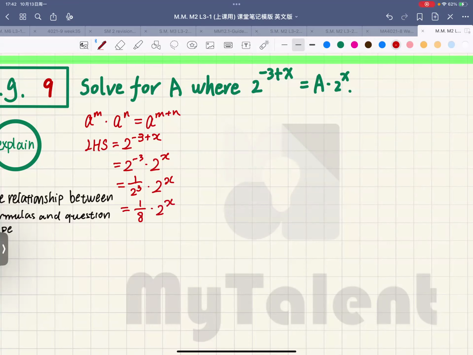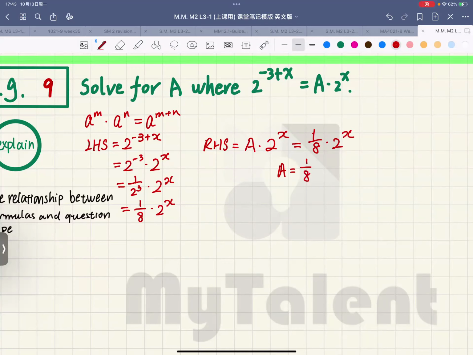Now, let's see what we have on the right-hand side. For the right-hand side, we have 8 times 2 to the power of x, which is equal to the left-hand side, 1 over 8 times 2 to the power of x. So a is equal to 1 over 8.